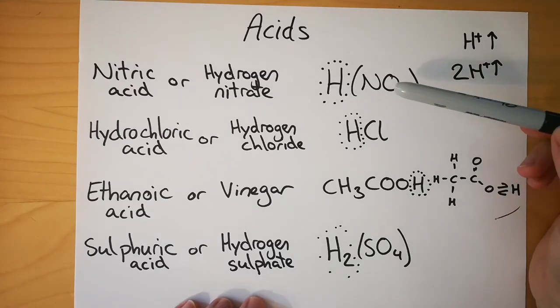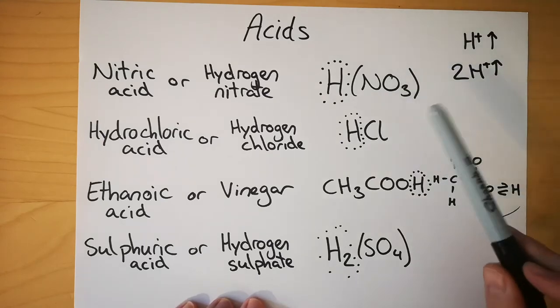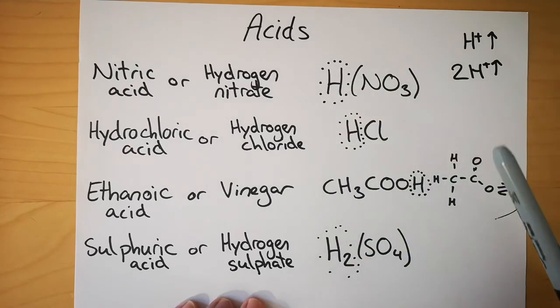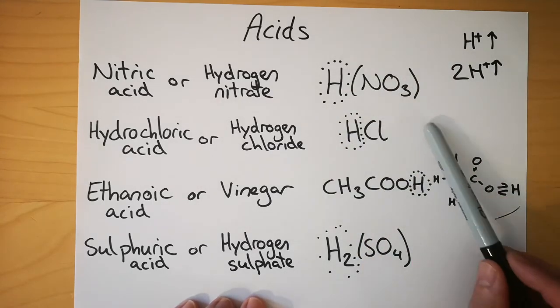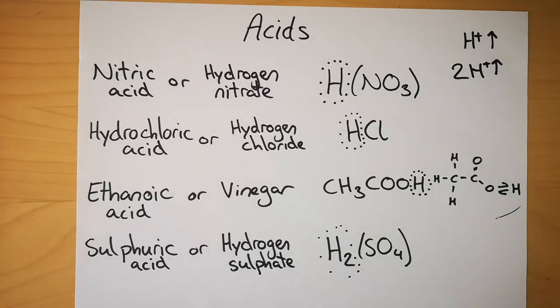For example, because these ones only drop in 1 hydrogen, you would need twice the volume or twice the concentration of these to neutralize the same amount of hydroxide ions that your sulfuric acid could neutralize. But once again, we'll go into that in a bit more detail later on.